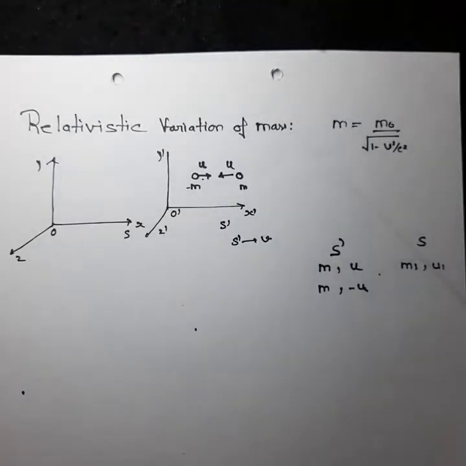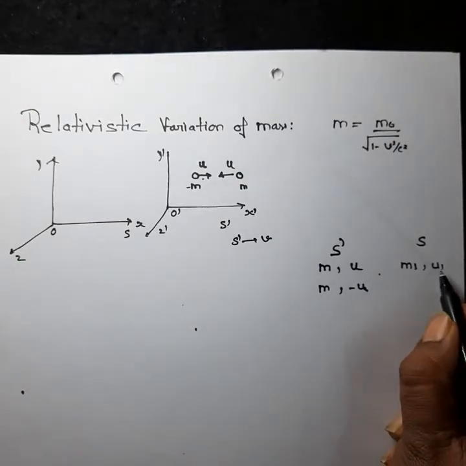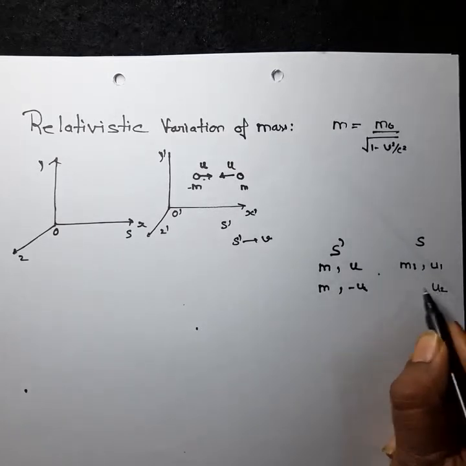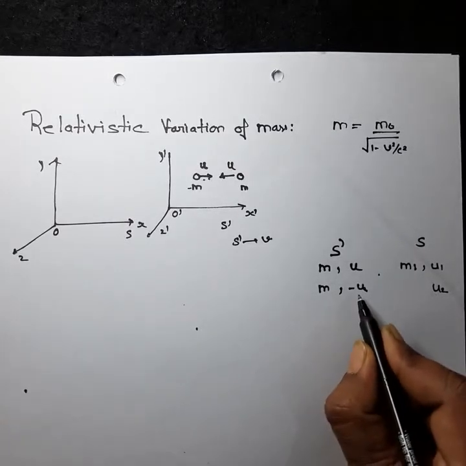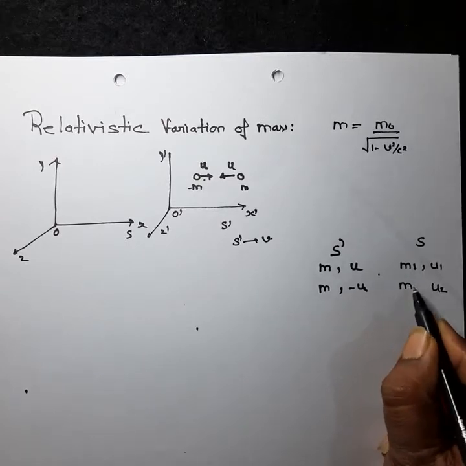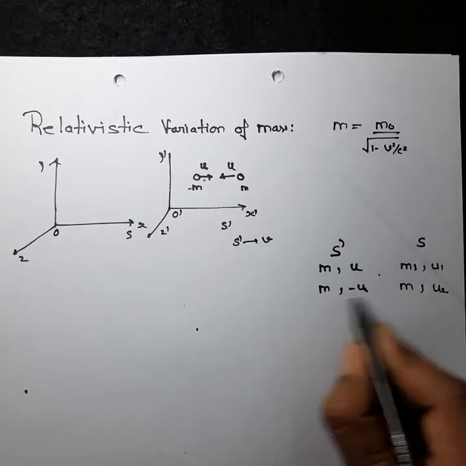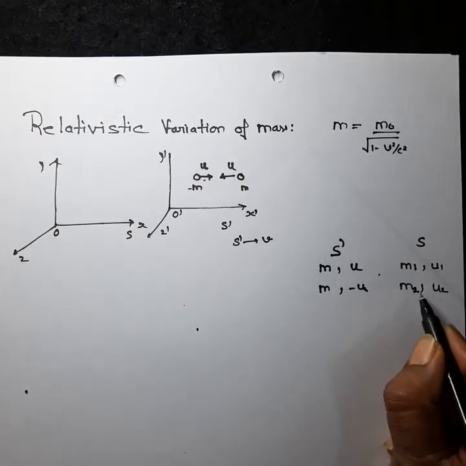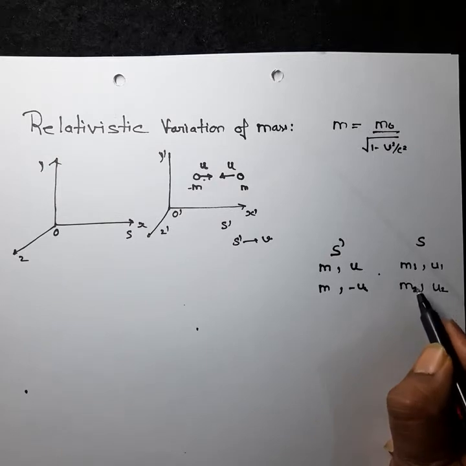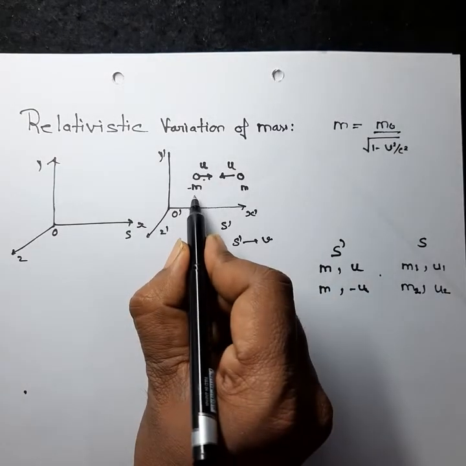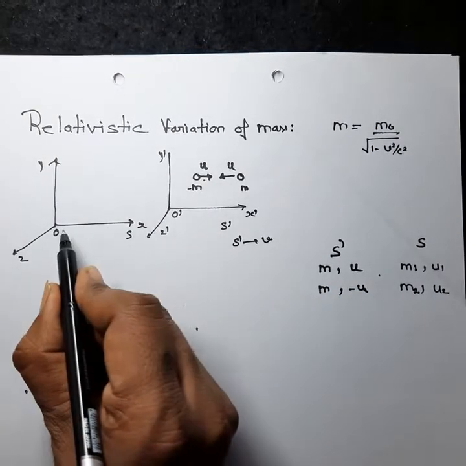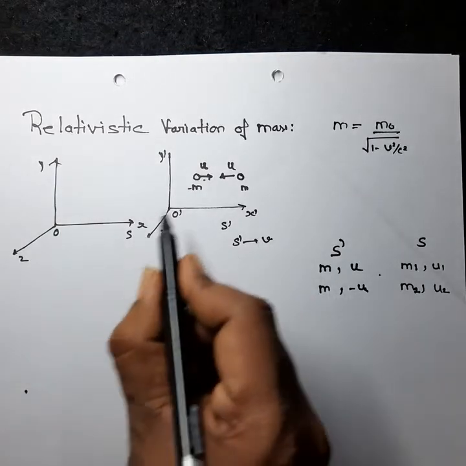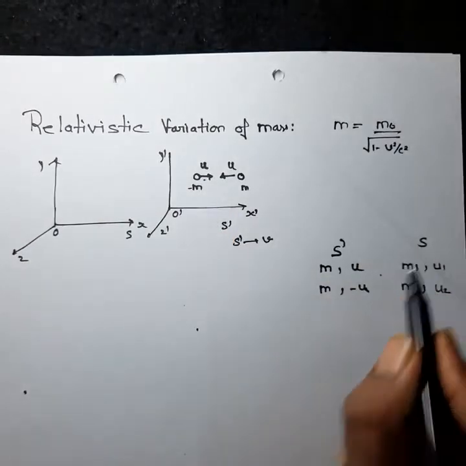I am assuming that u1 is the corresponding velocity component of u and u2 is the corresponding velocity component of minus u of the mass m, and their corresponding masses will also be different. Let's call it m2. So m1 and m2 are the corresponding masses measured by the observer O, and velocities will be u1 and u2.